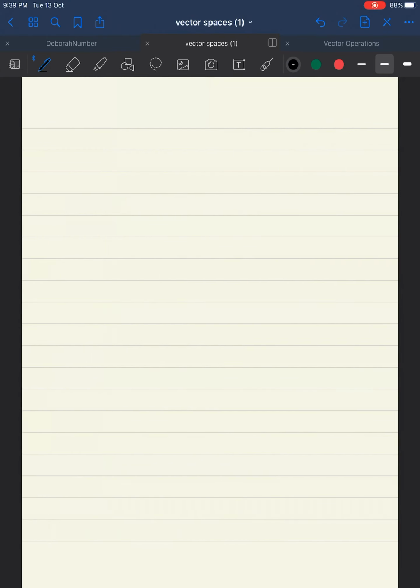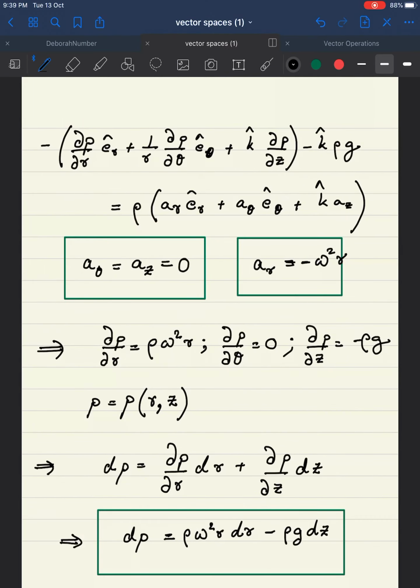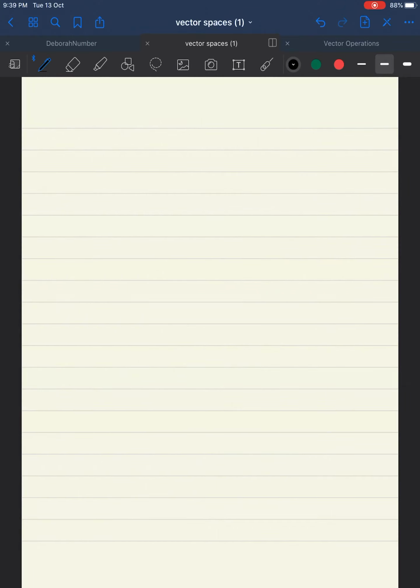So now we can take the liberty of going to the next step, which is simply take this particular form and integrate.